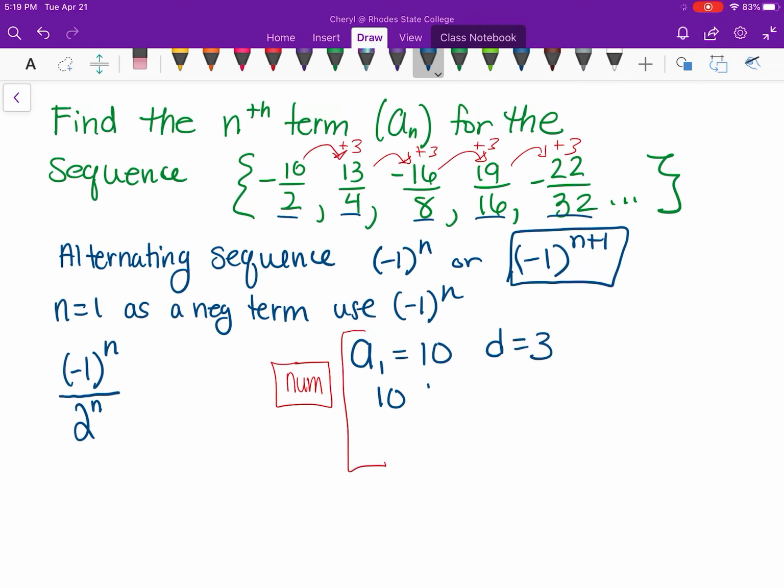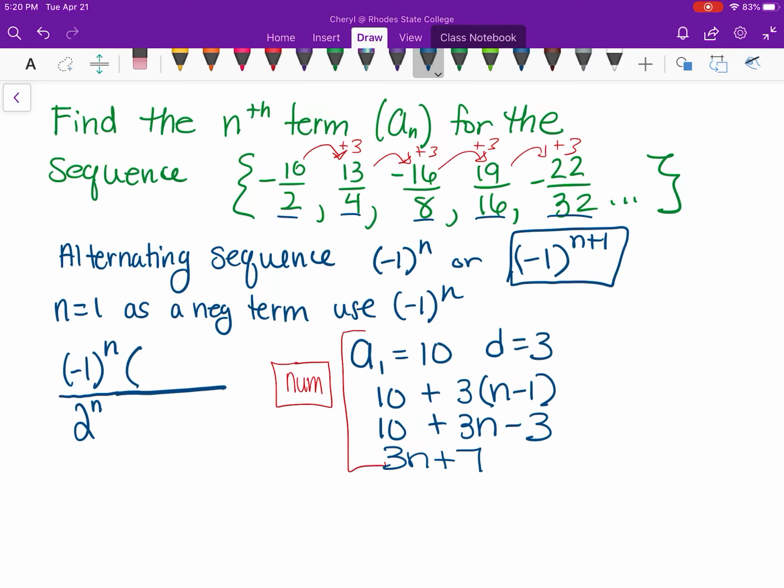So my general formula for the arithmetic sequence is a_1, which is 10, plus 3 times n minus 1. Now, when I clean this up a little bit, I get 10 plus 3n, distribute the 3, minus 3. And if I put it in descending order, it's going to look like this: 3n plus 7.